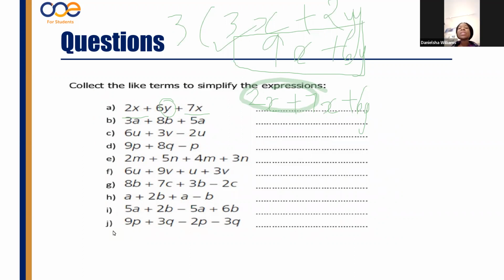But we're keeping it simpler. So 9x plus 6y, that's also correct, and 3 bracket 3x plus 2y close bracket, that is also correct. Okay?